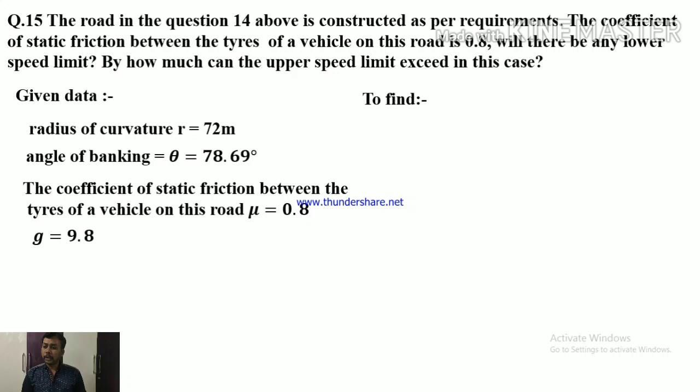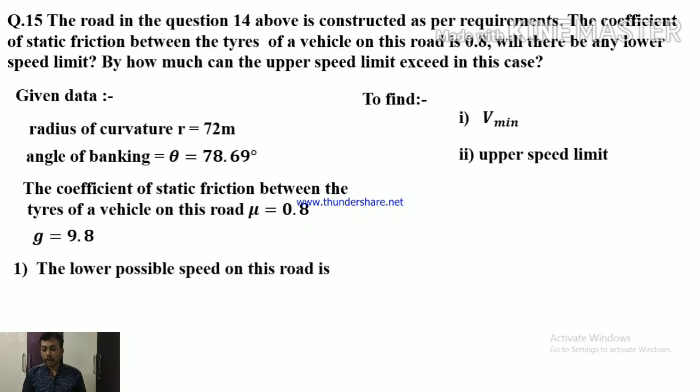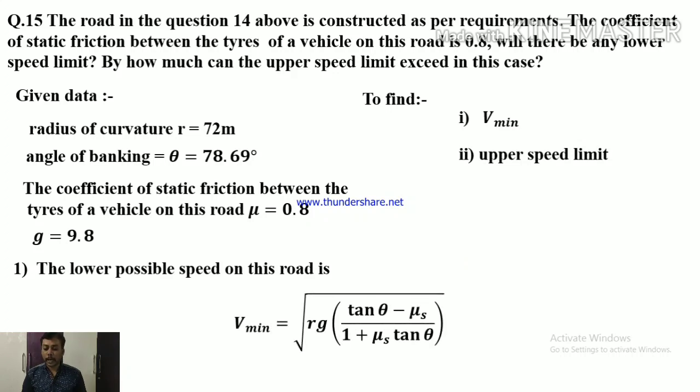We have to find the lower speed limit, that is V minimum, and the upper speed limit, that is V maximum. So two formulas are required here. Let's see the solution of this example. First we have to find the lower possible speed on this road. For the lower possible speed, V minimum is equal to under root Rg in bracket tan theta minus mu s upon 1 plus mu s tan theta.